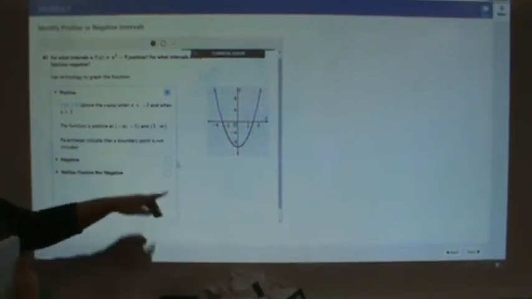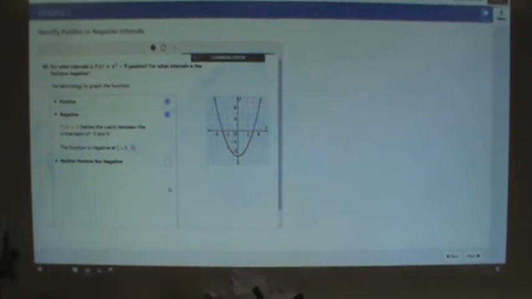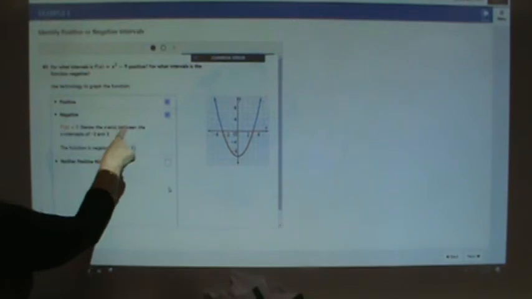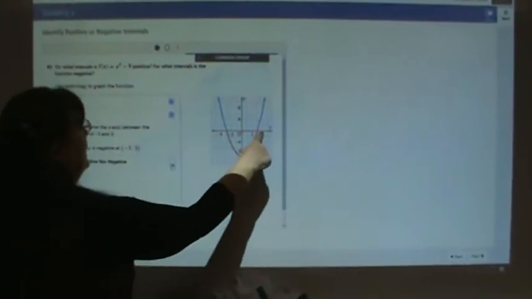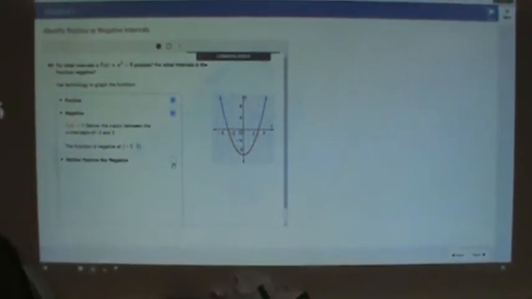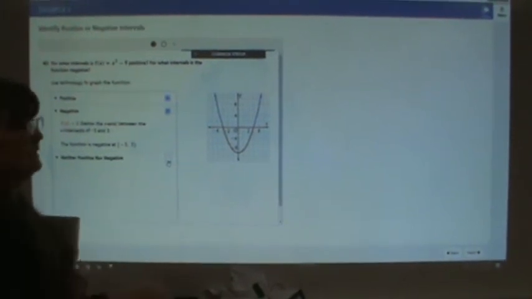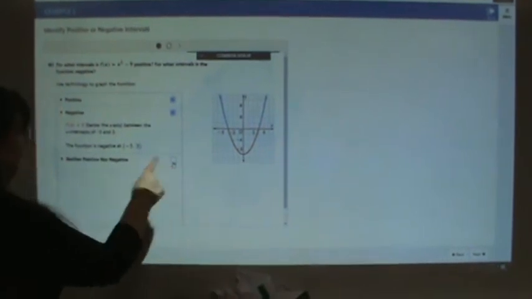Negative, when is it negative? It's negative when it's below the x-axis. So f of x or y is less than 0, below the x-axis, between the x-intercepts of -3 and 3. It does not include -3 and 3 because those would be 0, and 0 is neither positive nor negative.